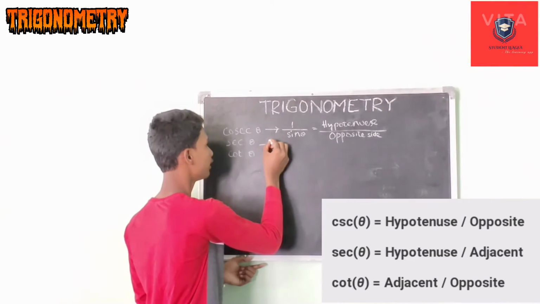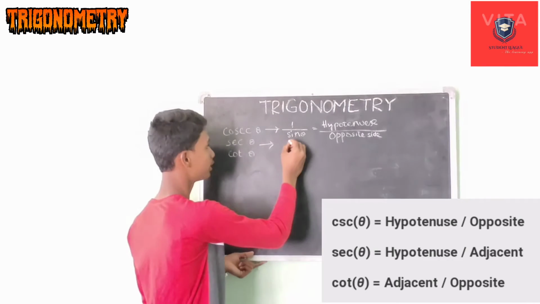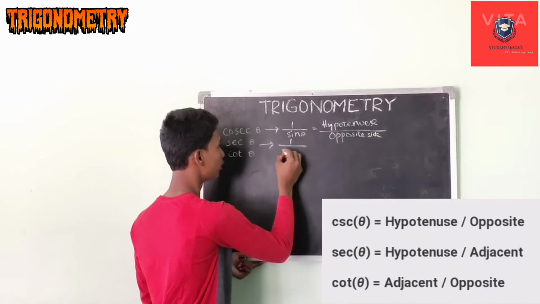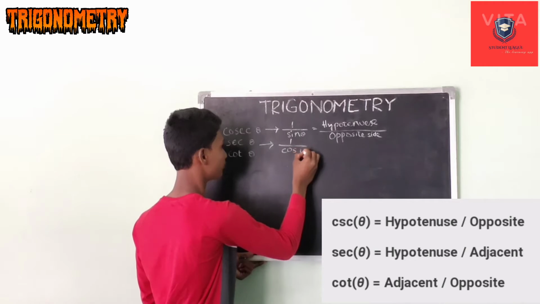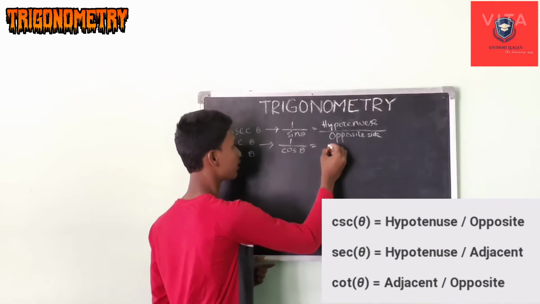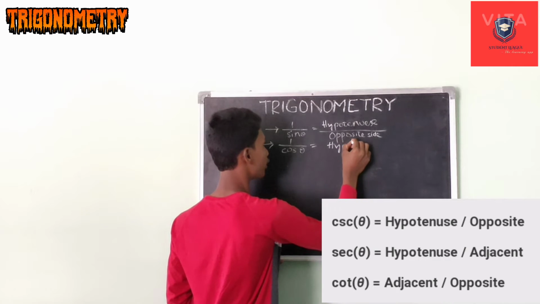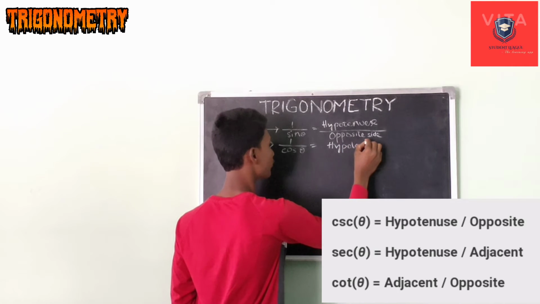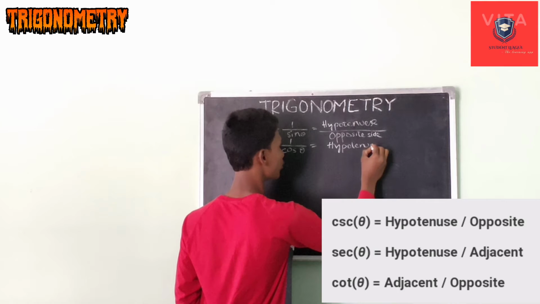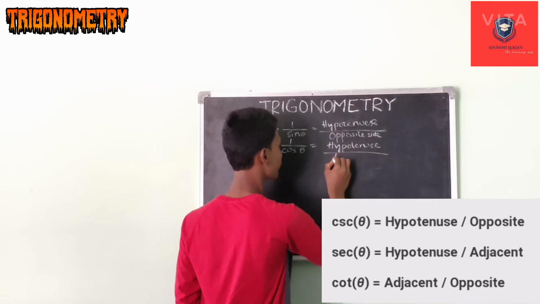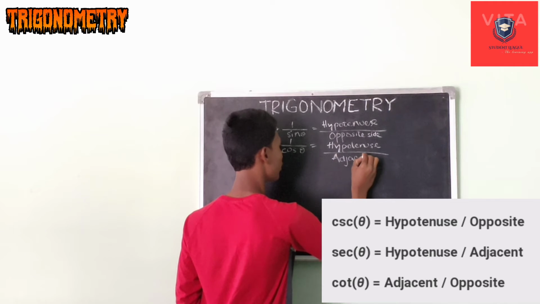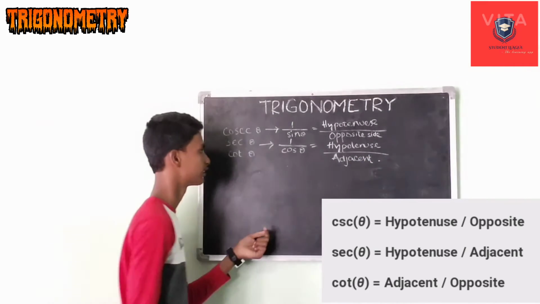Next, secant theta is the reciprocal of cos theta, that is 1 by cos theta, which implies hypotenuse by adjacent side.